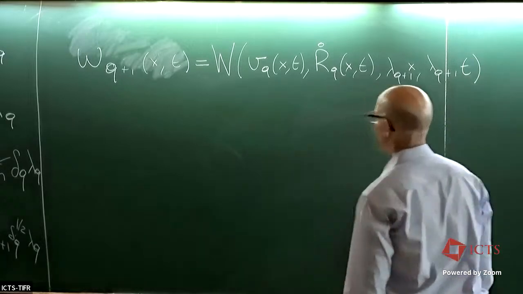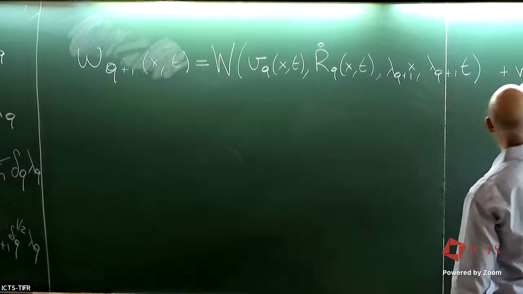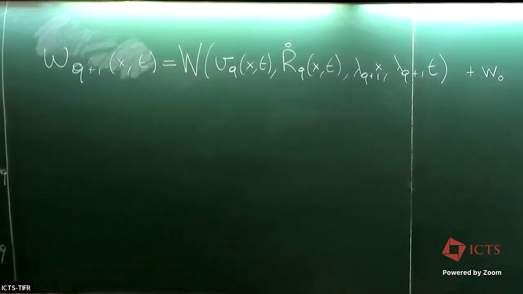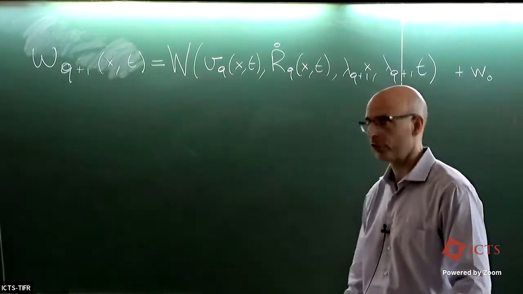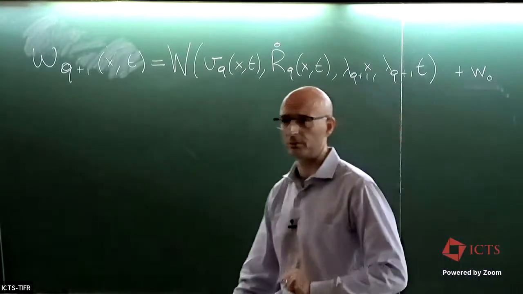Then we said this is not going to be divergence free, but we add a correction by inverting the divergence operator and we make it divergence free. And I'm just going to forget about this correction because we already argued it's going to be much smaller.